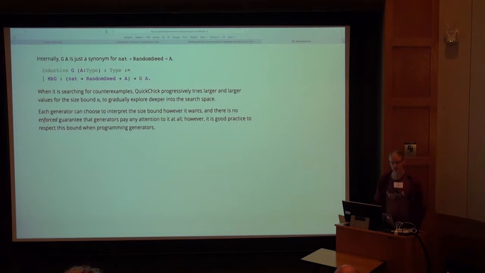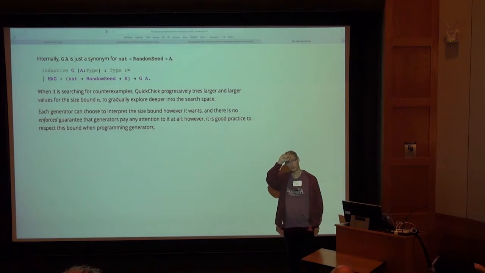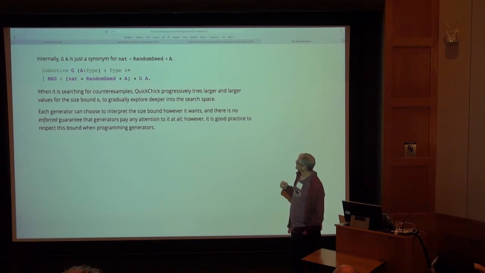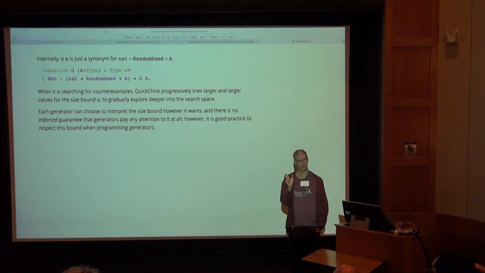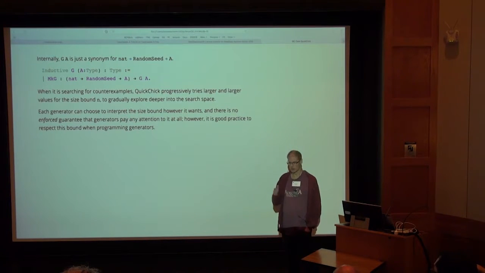That is to say, G A really just means nat, that is size, arrow seed, arrow A. One thing to know is that when you ask QuickCheck to search for counterexamples, it will first start with a very small size bound and then gradually increase it, so that you get bigger and bigger examples.